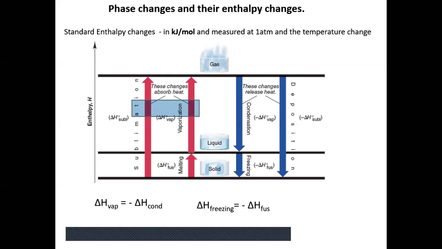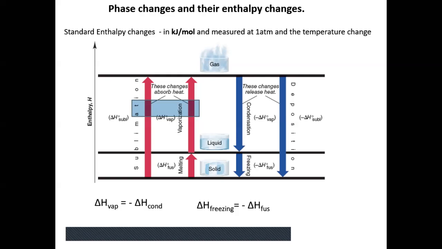Now, to find the delta H of sublimation, it's just the addition of the heat of vaporization and the heat of fusion. So that's if you're absorbing heat. If we're releasing heat, we have condensation and freezing. The way you get those is you just take the negative of their counterpart. So delta H of condensation is just the negative of delta H of vaporization.